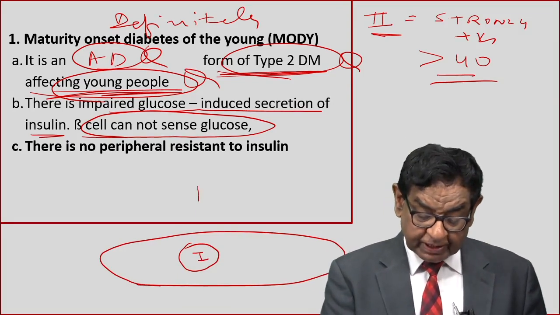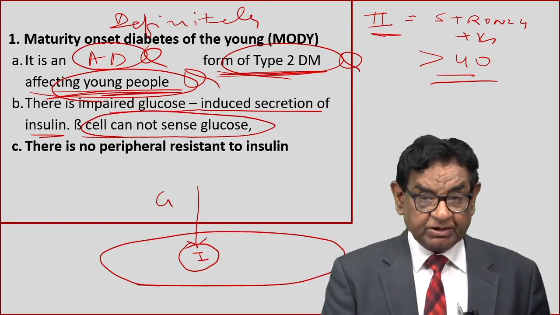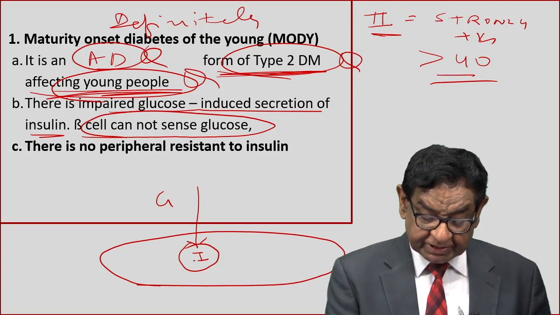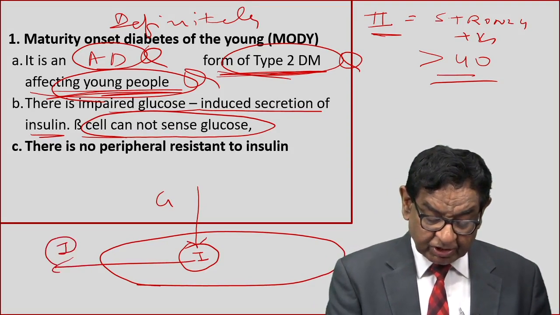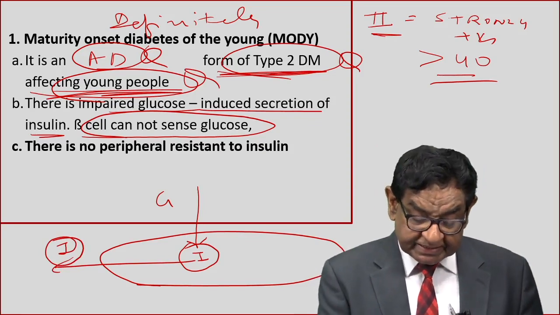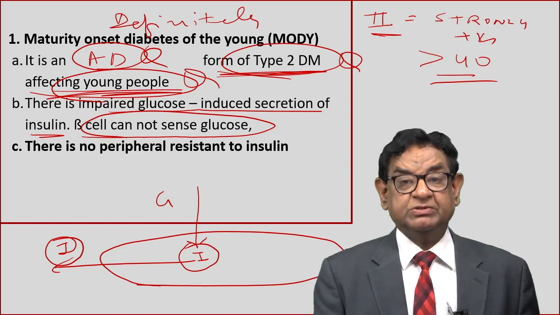Normally glucose comes, G for glucose, it acts on the receptor and that leads to secretion of insulin, normal physiology. So beta cells sense glucose and they secrete insulin.